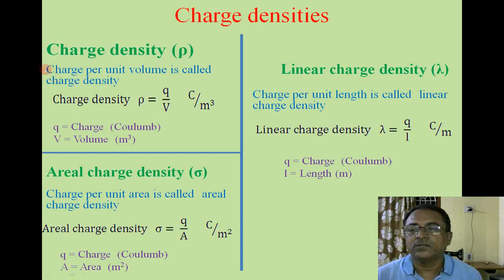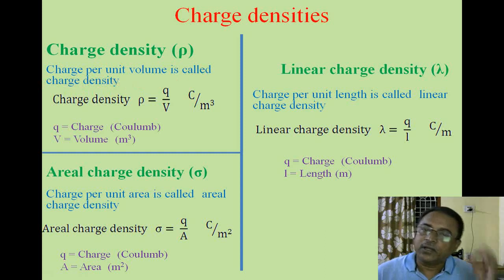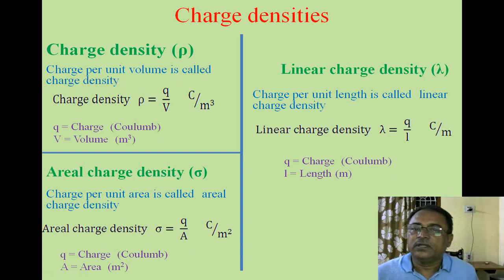So here see the definition. Charge per unit volume is called the charge density. That means, what is the charge in a unit volume? Unit volume means it may be 1 meter cube volume or 1 centimeter cube volume.